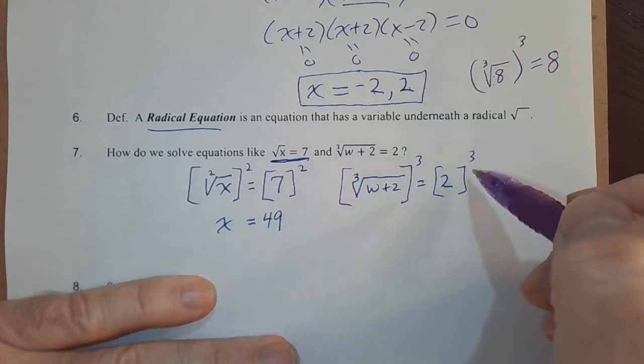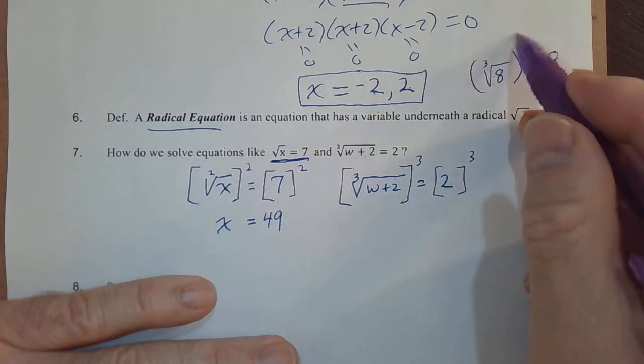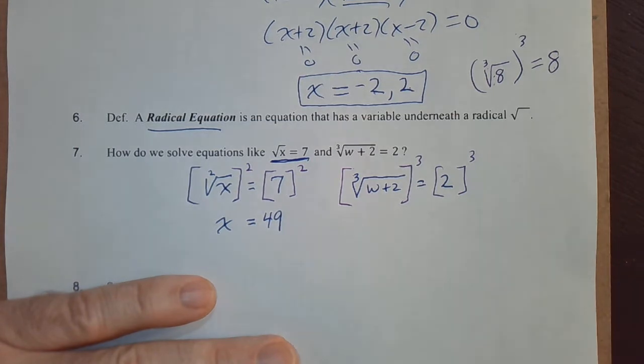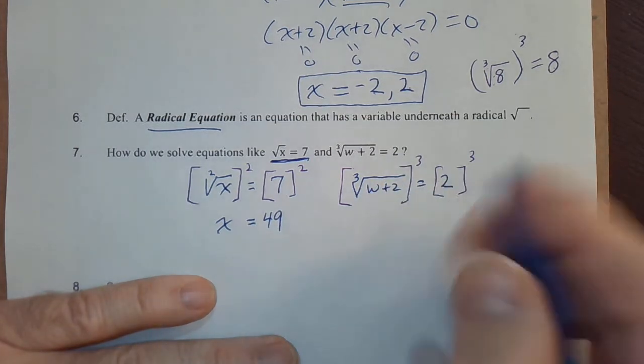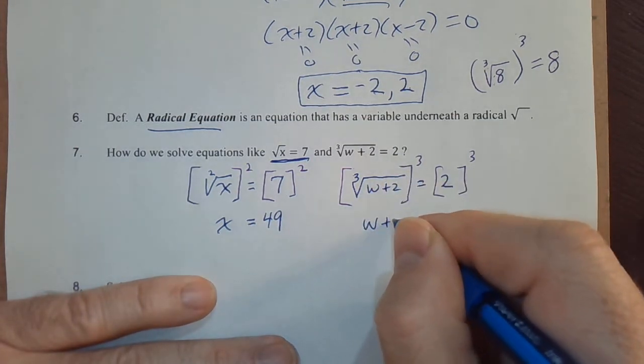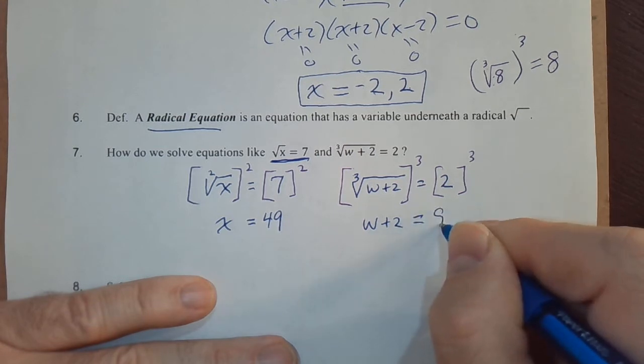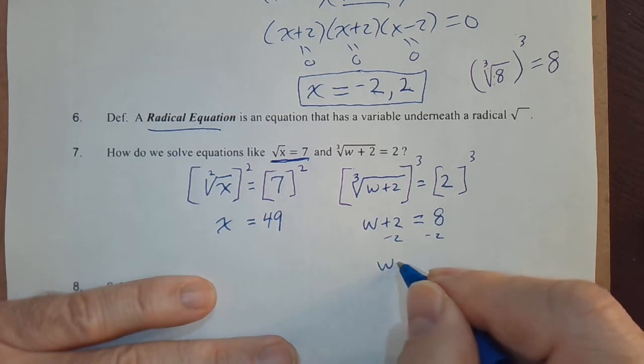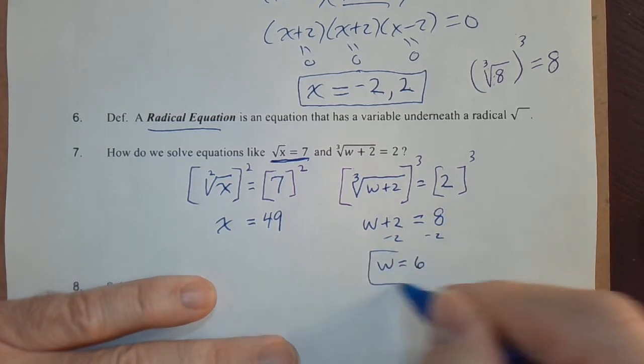Well, what was under the radical here? Cube root of 8 cubed is 8. So in this case, this just gets rid of the radical, so we still have w plus 2 equals 8. And that would just mean subtracting 2 gives w equals 6.